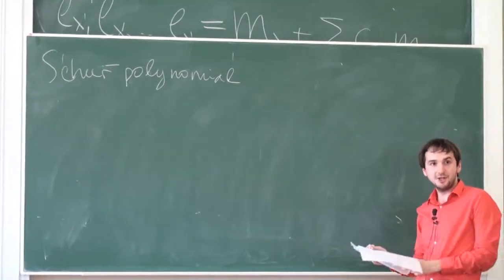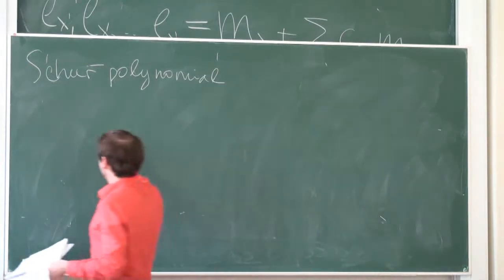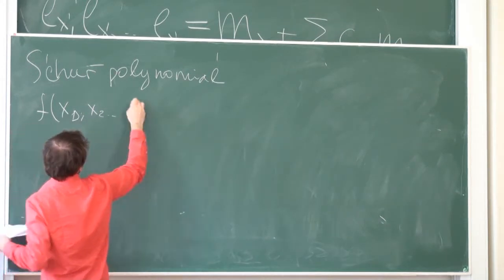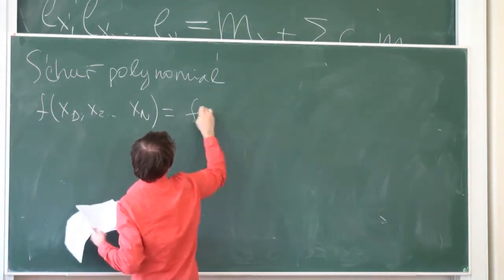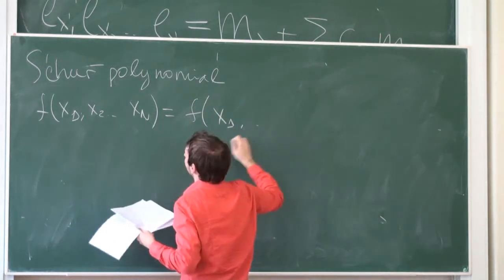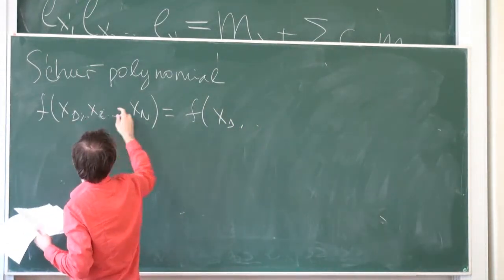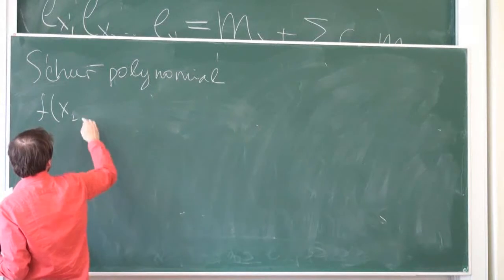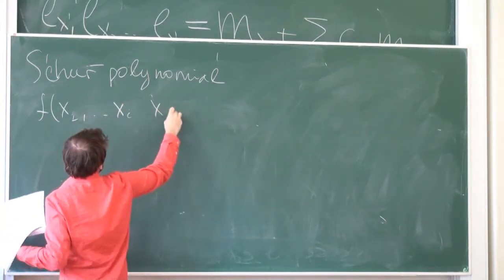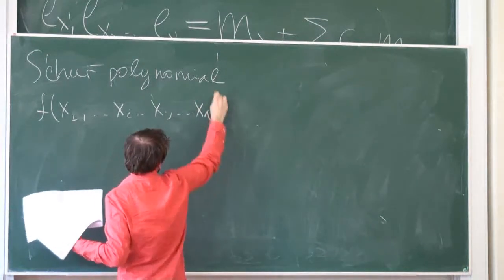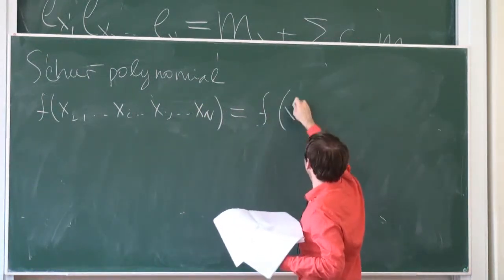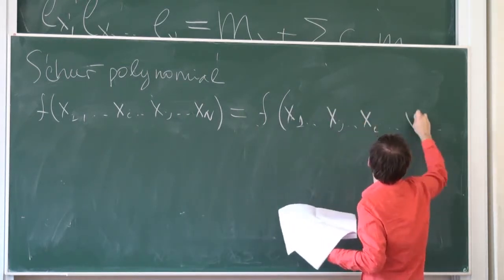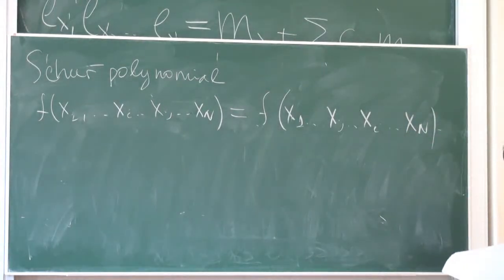We consider symmetric polynomials, which are symmetric under permutation of variables, which means that f(x1, ..., xi, ..., xj, ..., xn) is the same as the result of the permutation f(x1, ..., xj, ..., xi, ..., xn). So this was the definition of a symmetric polynomial.